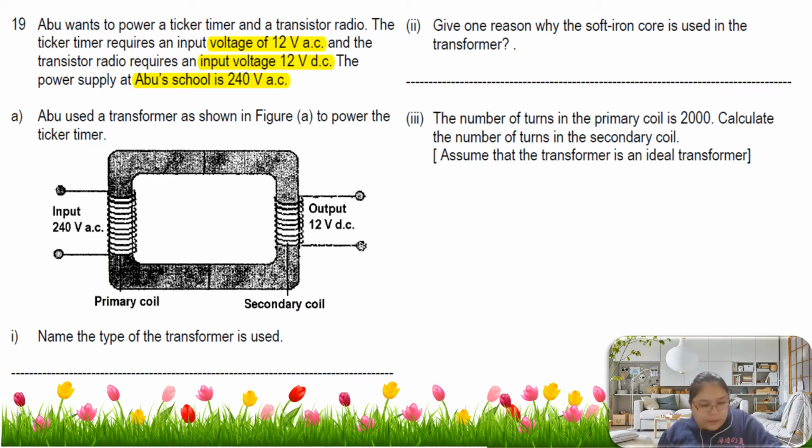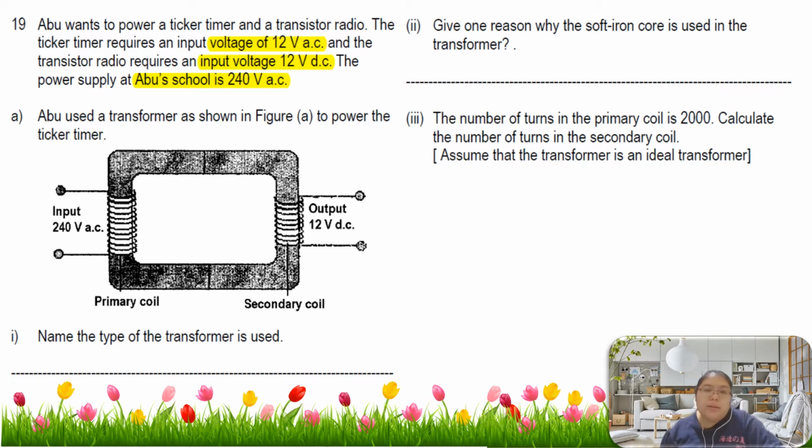Okay, now we go to question 19. All the important values we already highlight. The aim is to power a ticker timer and also a transistor radio. The ticker timer requires an input of 12 volt. After that, the transistor radio requires an input voltage that is DC.